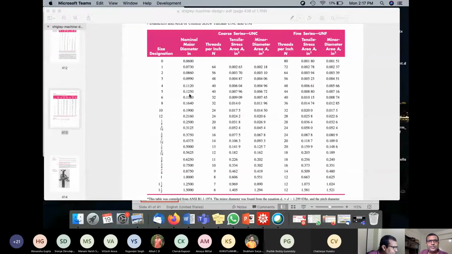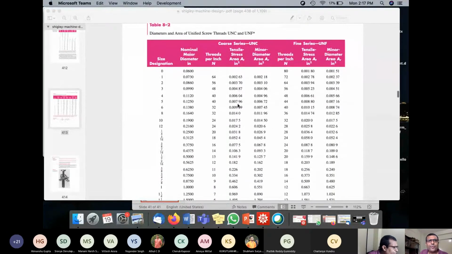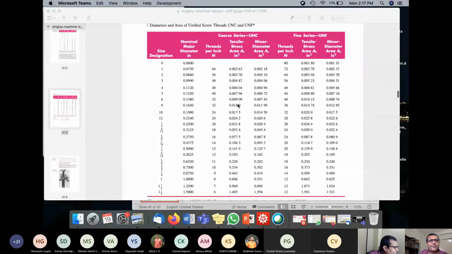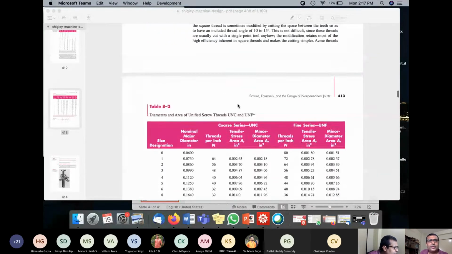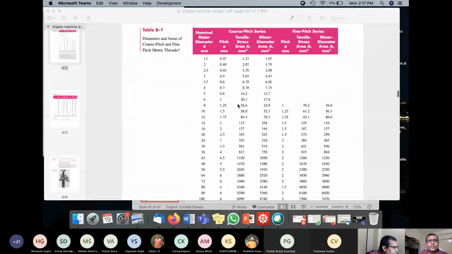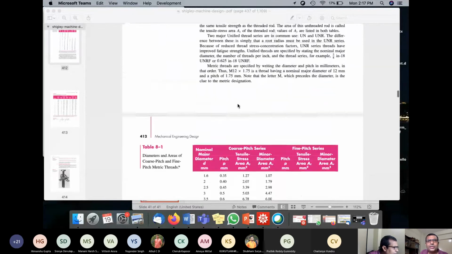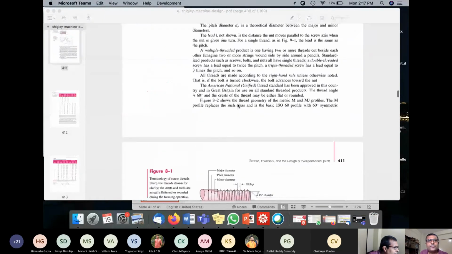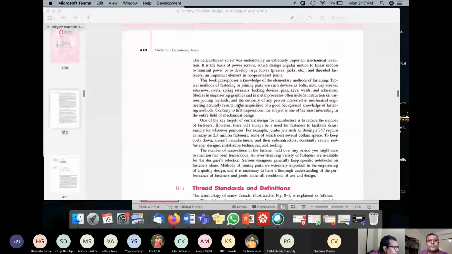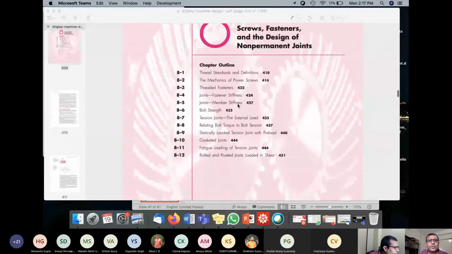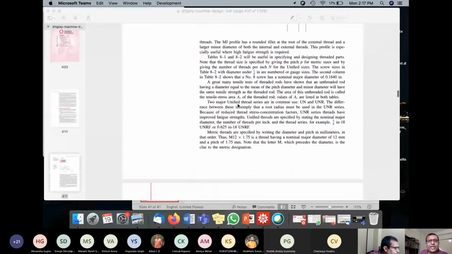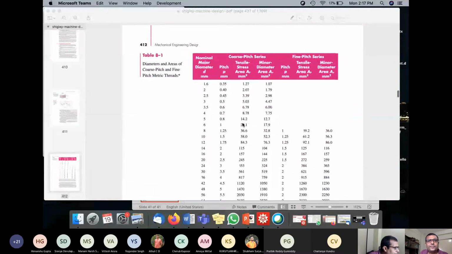So if you see, there are data points for the length for a given nominal diameter and pitch. Let me just see what the length is for a given diameter.